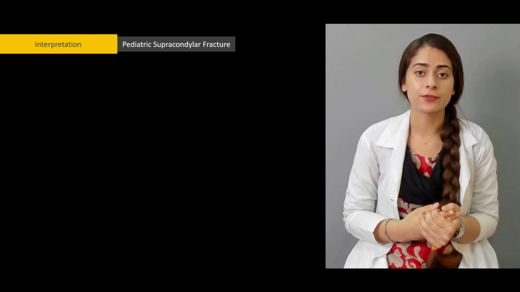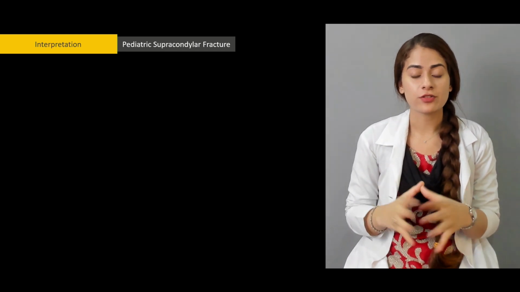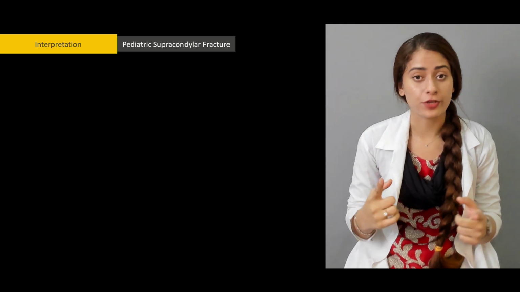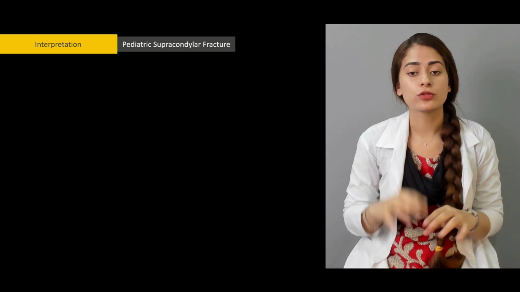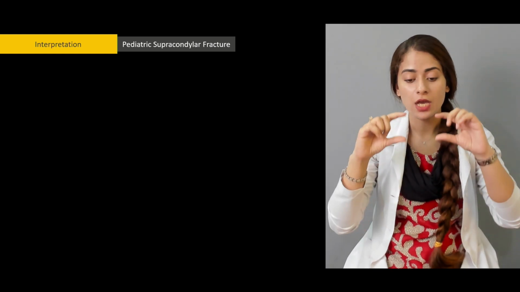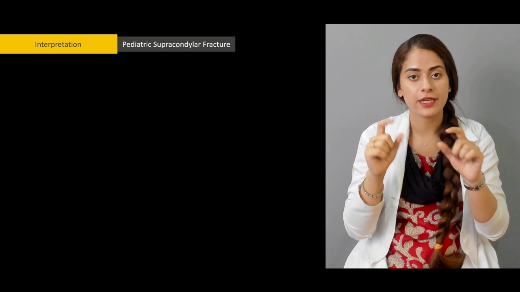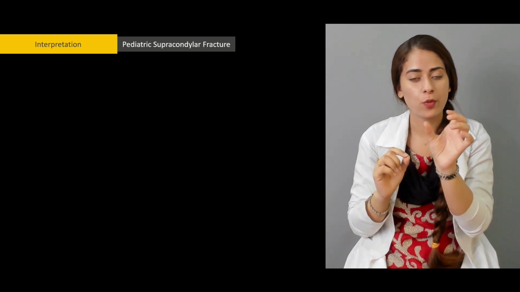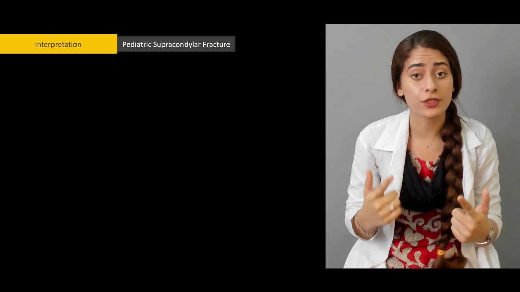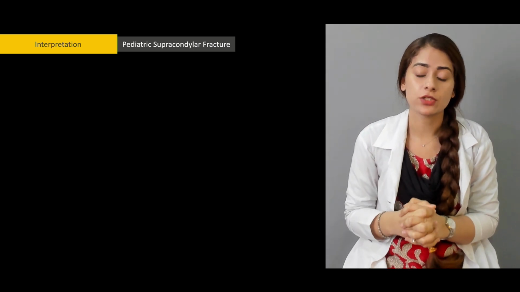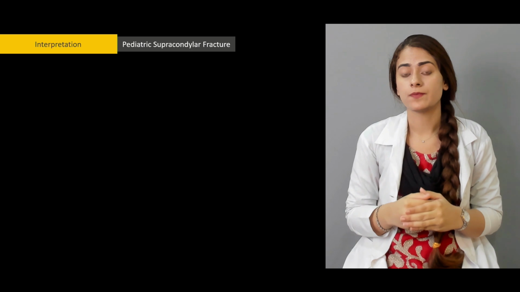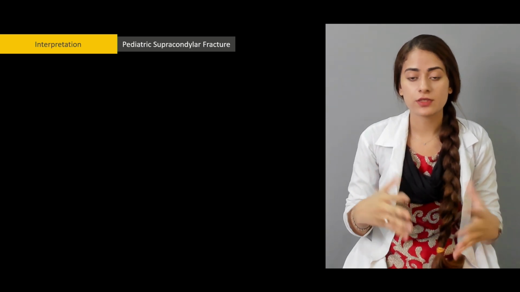a supracondylar fracture. Supracondylar fracture is actually a fracture of the humerus bone. The distal portion of the humerus, the supracondylar region, is above the medial and the lateral condyles. It is the portion of the humerus which is most vulnerable. The supracondylar fracture is common in young individuals, and the criteria for diagnosis is different.